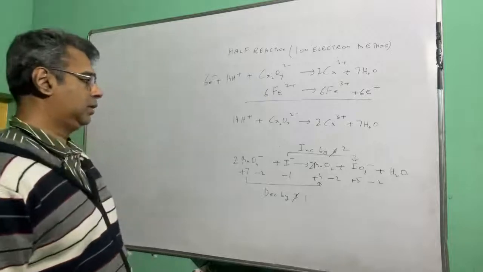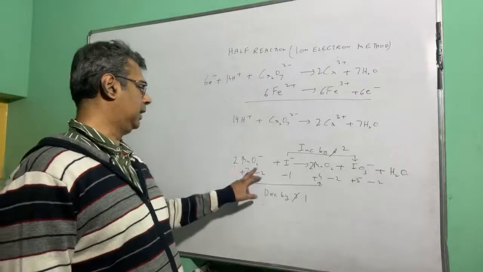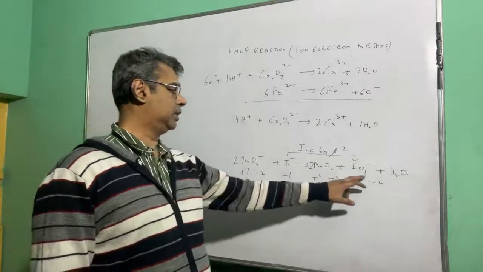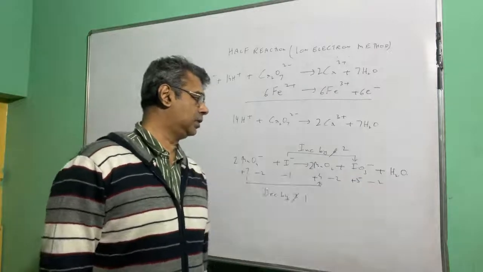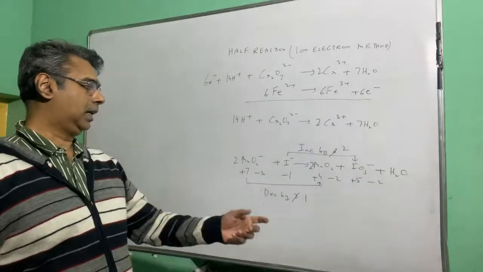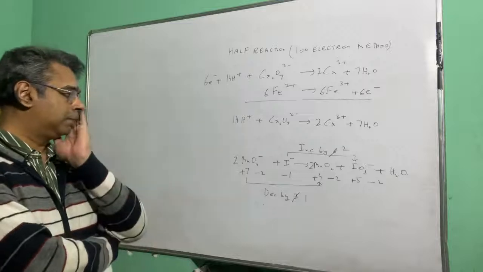So I am adding one H2O here. So 2 4s are 8 oxygens here, and 4 plus 3 is 7, plus 1 is 8 oxygens on the right, because I have added one H2O.